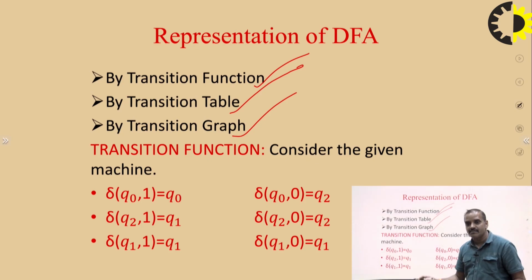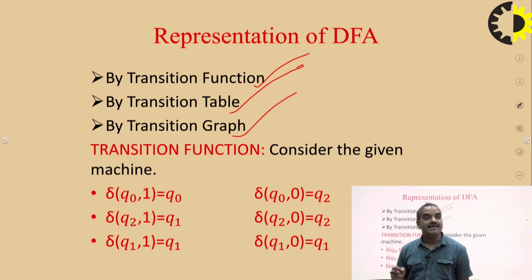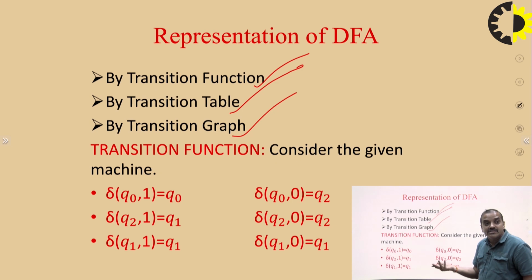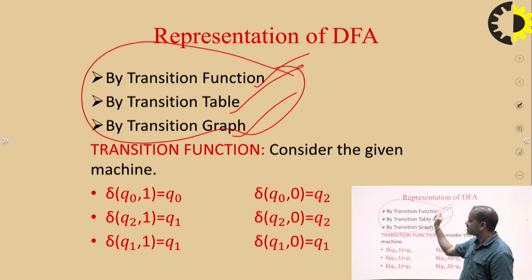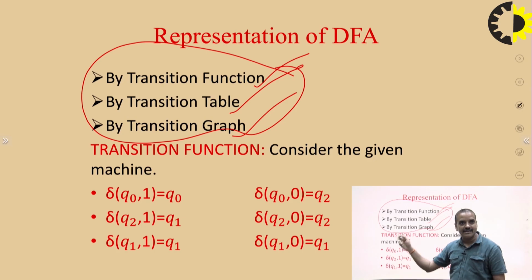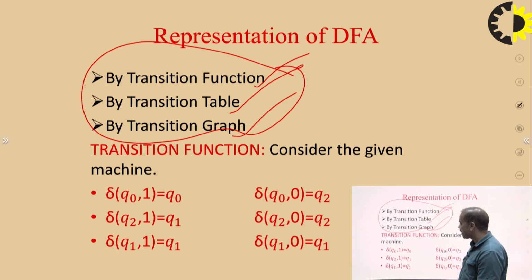Any type of machine, whether a deterministic finite automaton, a non-deterministic finite automaton, a Turing machine, or a PDA, is represented in these three ways: transition function, transition table, or transition graph.